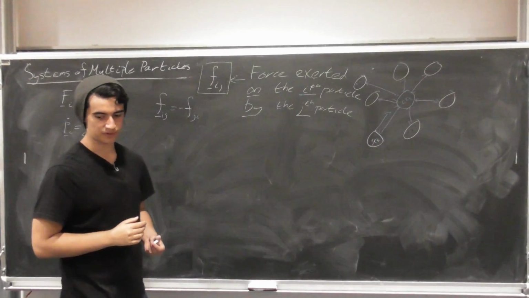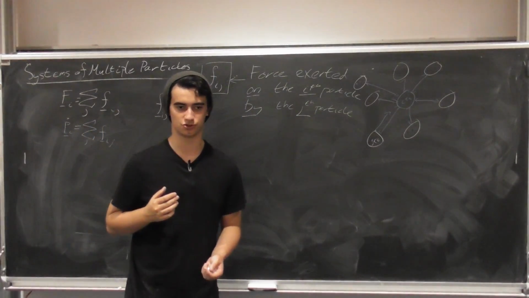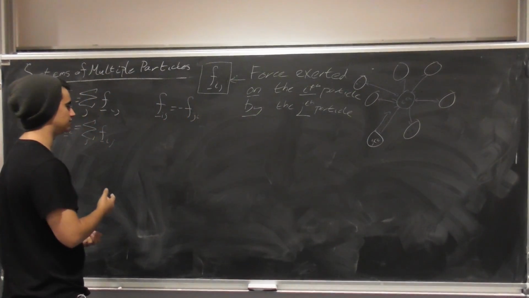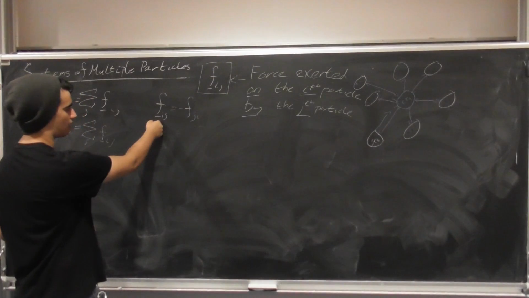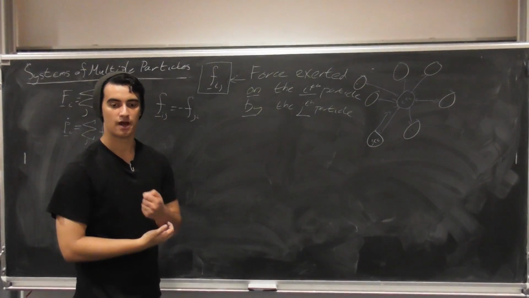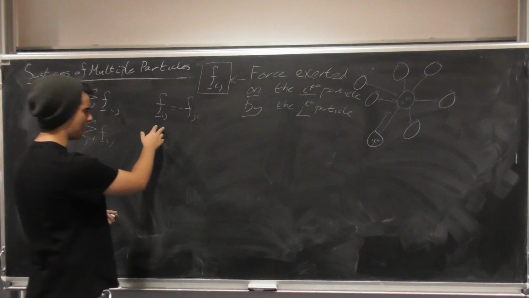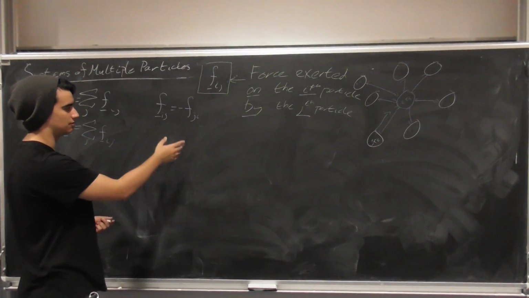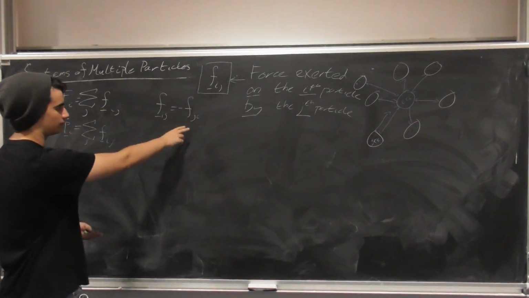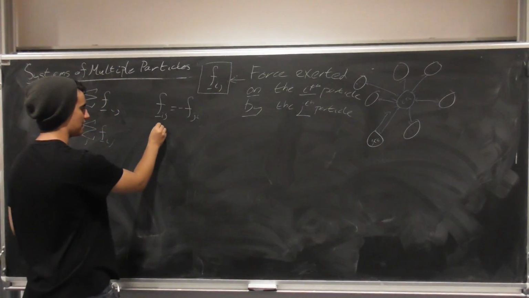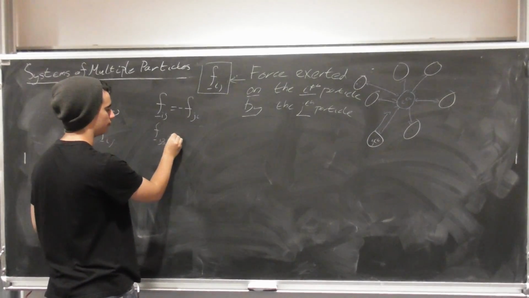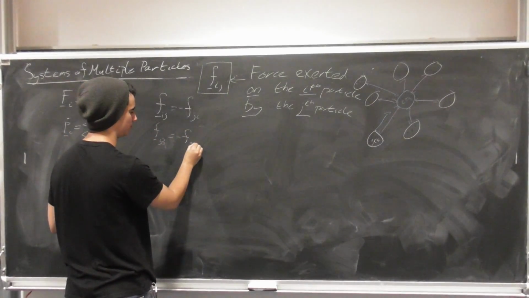Now, if we were to sum over i as well, so if we were to add up all of these F_ij, where j is equal to 1, 2, 3, 4, or however many particles there are, and then sum up the reverse of it, we would get that these would all cancel out, right? So F_13 would be equal to minus F_31.